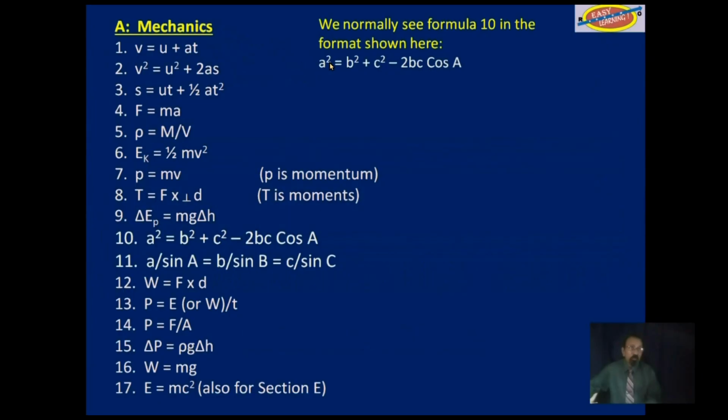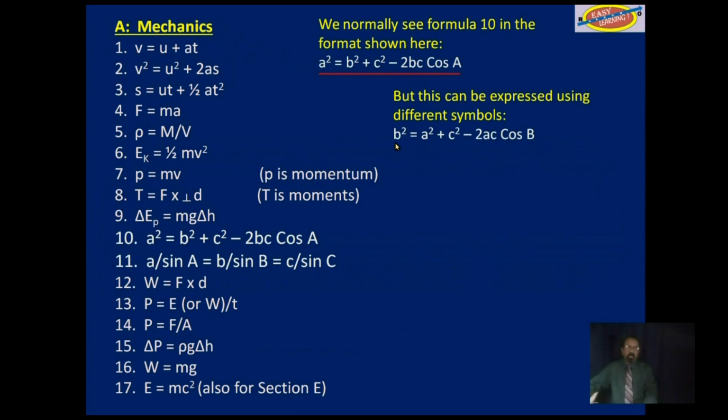normally we would see this formula like this: a squared is equal to b squared plus c squared minus 2bc cosine A. But you may also see it like this: b squared is equal to a squared plus c squared minus 2ac cosine B, or c squared is equal to a squared plus b squared minus 2ab cosine C. Notice that if you begin with a lowercase a here, you end up with an uppercase A here, and the rest of the stuff would be the other two sides.